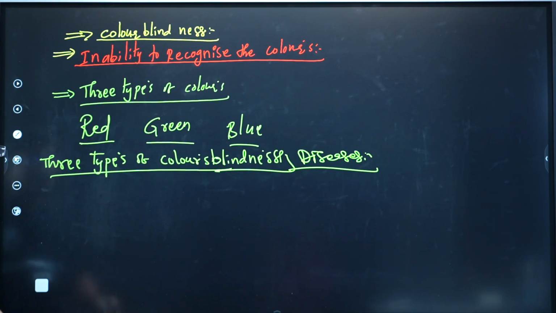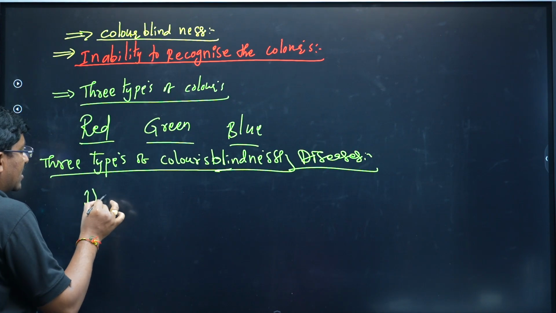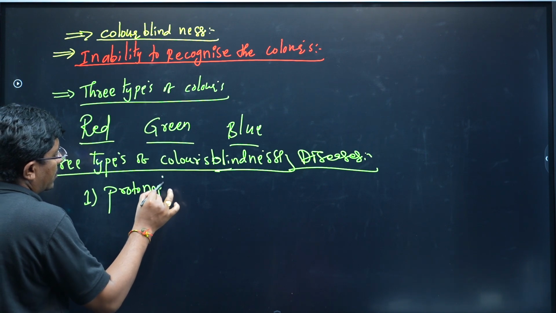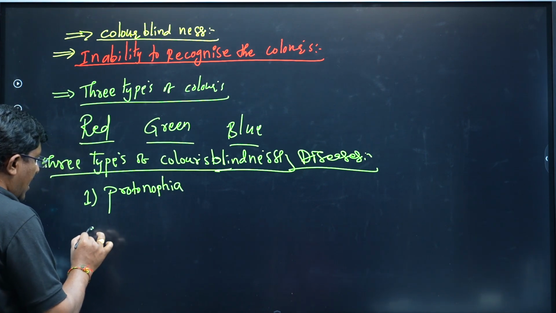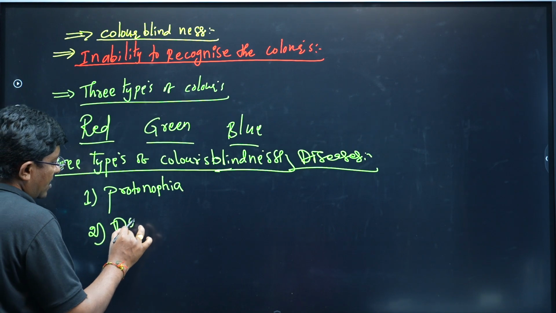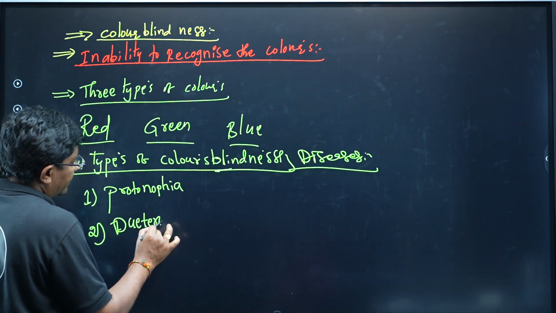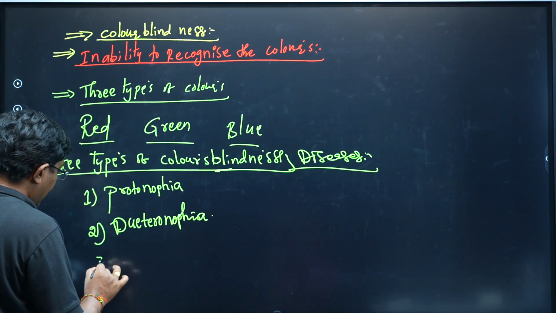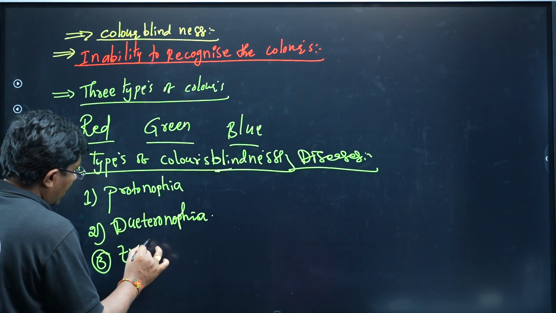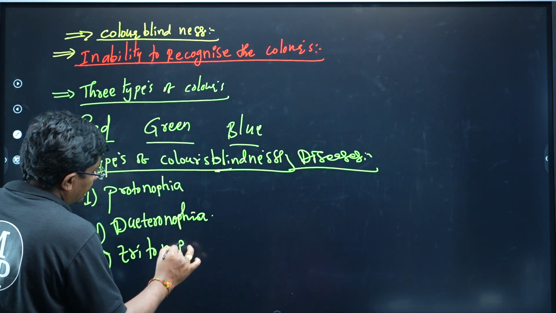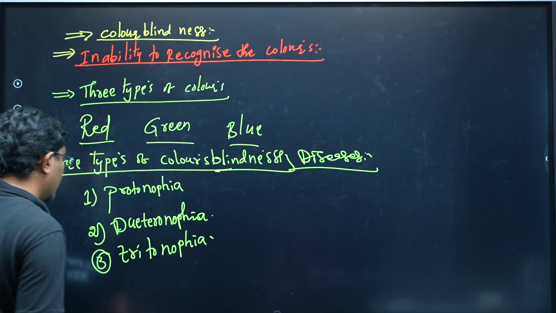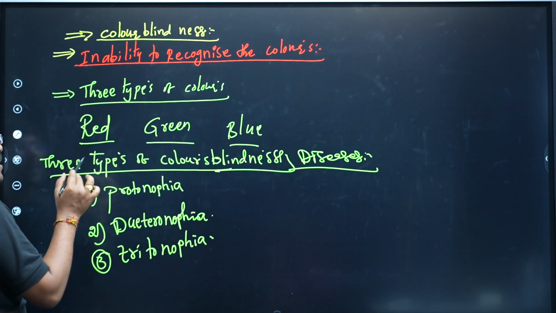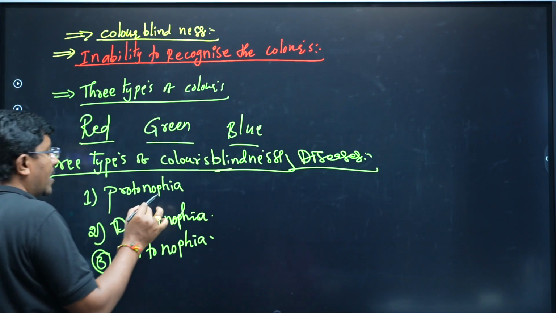What are they? One is Protanopia, the second one is Deuteranopia, and the third one is Tritanopia. Protanopia, Deuteranopia, Tritanopia. So what is the meaning of Protanopia? What is the meaning of Deuteranopia, like that?